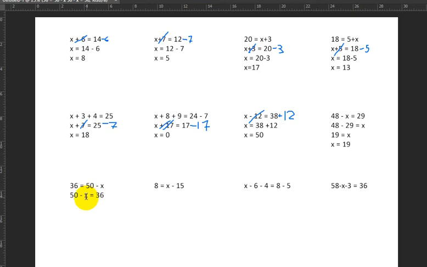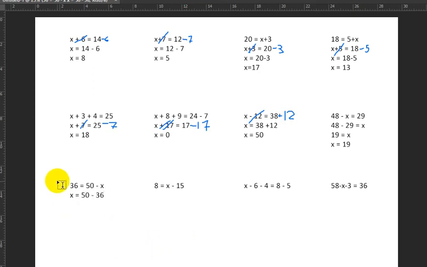Now, we don't have to do that. We can do the same thing as what we did before, where we switch places between this x and the number on the other side, so 36, right? So this would become x equals 50 minus 36.